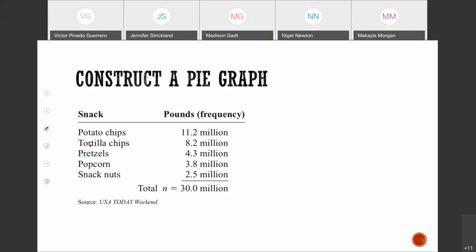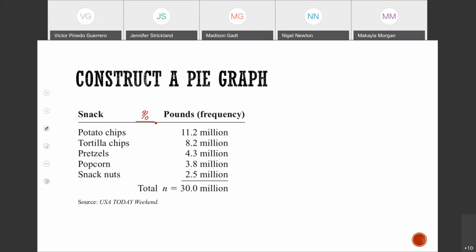Okay, so what I'm going to do, remember we have to calculate percents and we have to calculate degrees. So I think I'm going to squeeze in a percent column right here. All right, and we'll work on that first. So remember that we did percents back when we did the frequency distribution in the first section.